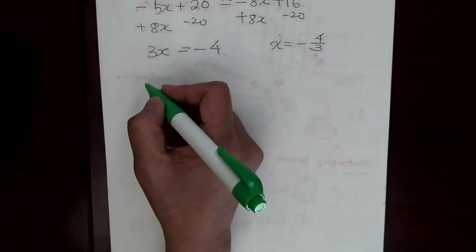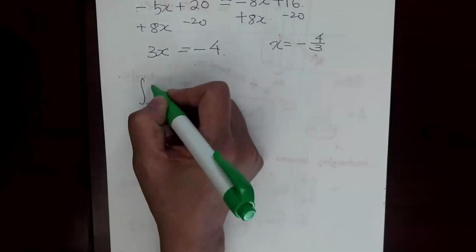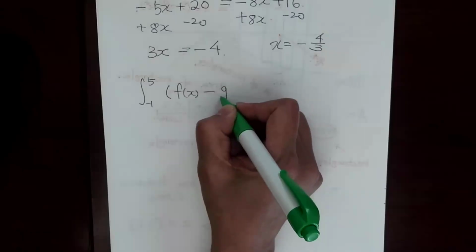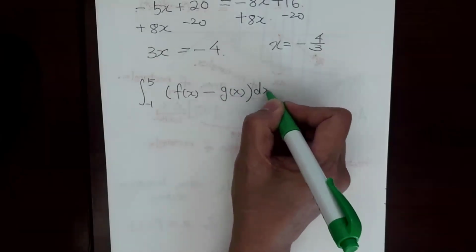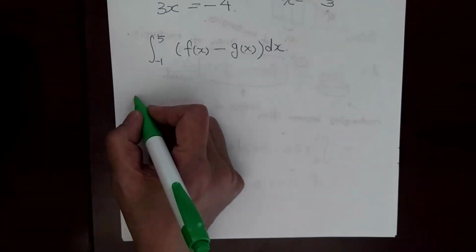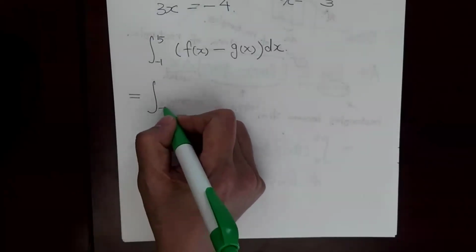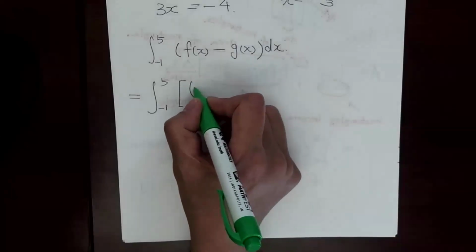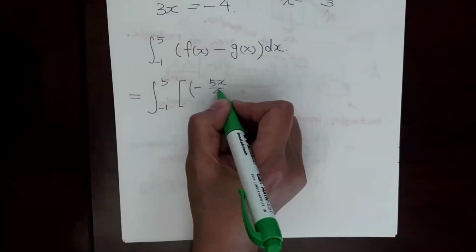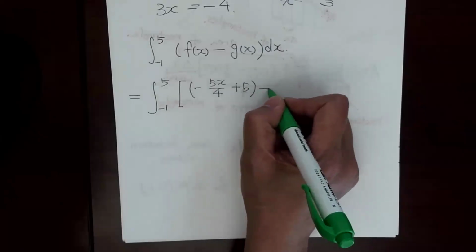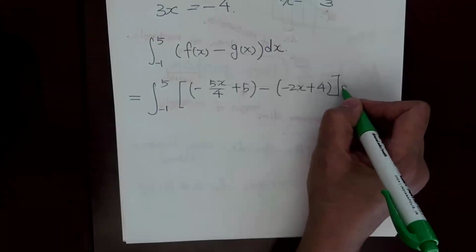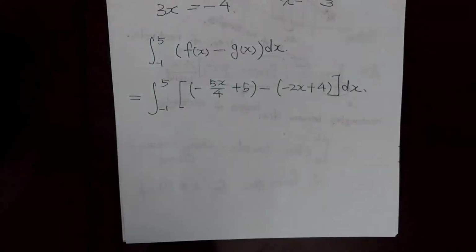So we have the integration from -1 to 5 of f of x minus g of x dx. Then that will be the integration from -1 to 5, f of x is given as -5x over 4 plus 5, minus g of x, which is -2x plus 4, dx. We want to gather the like terms.